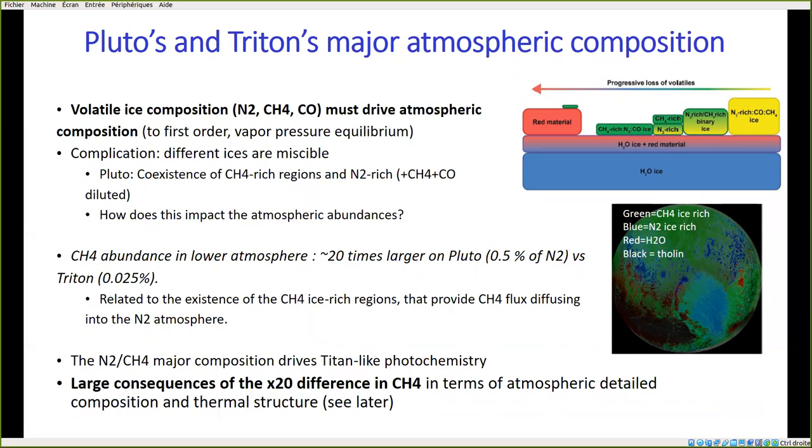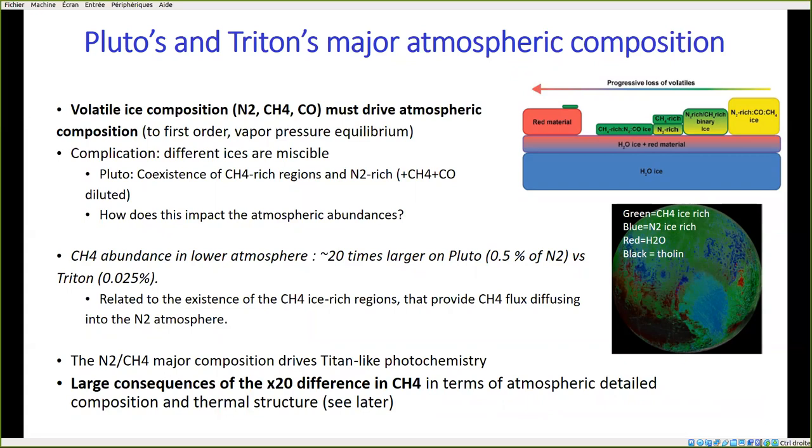So this is a complex situation, and people have wondered how to calculate the atmospheric abundance in this kind of situation. But there is a fact nonetheless, which is that the methane abundance in Pluto's lower atmosphere is about 20 times larger than on Triton.